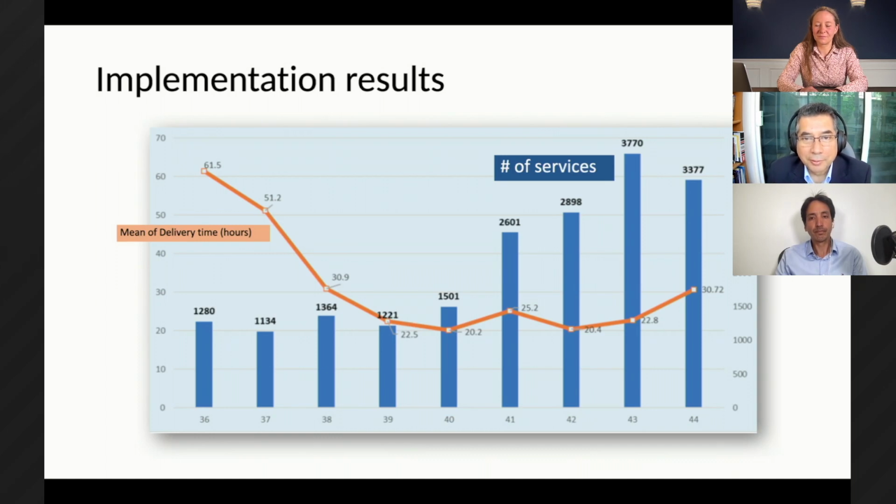Mm-hmm. So even though we have that increase in the number of service requests, we could manage to have the same delivery time. So we reduced delivery time by 50% at least. But we also have an increase in the number of services, almost double and triple in some weeks.